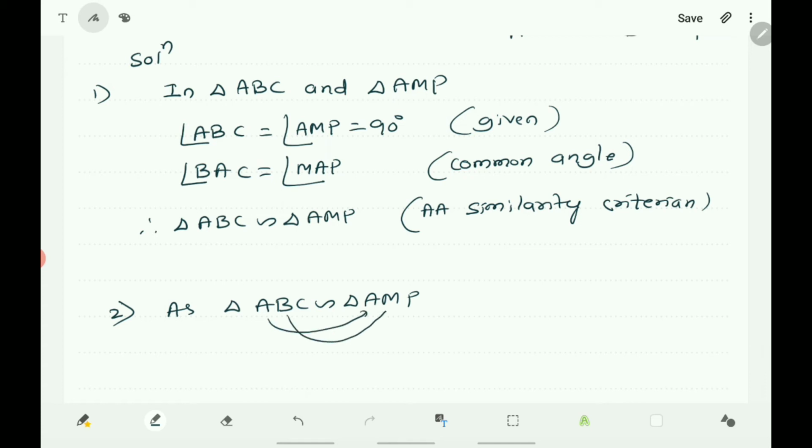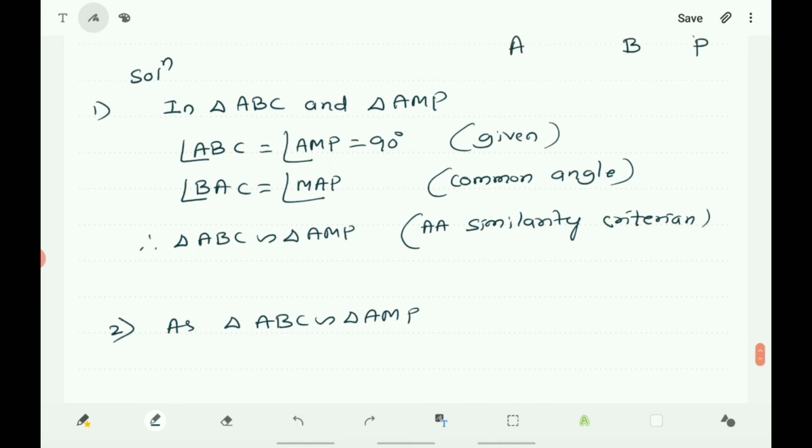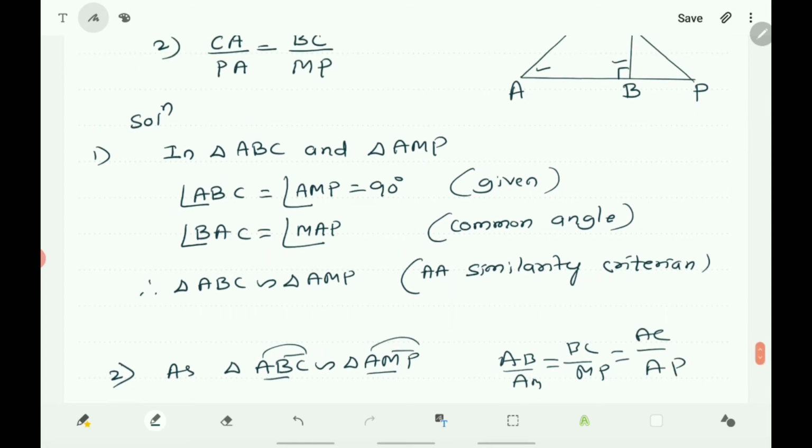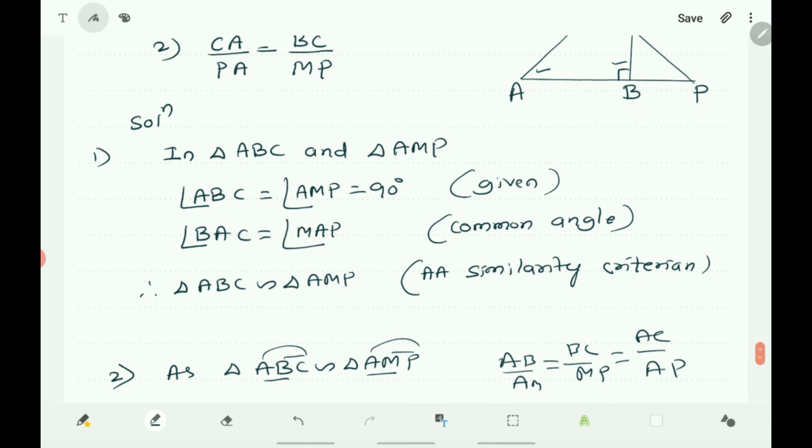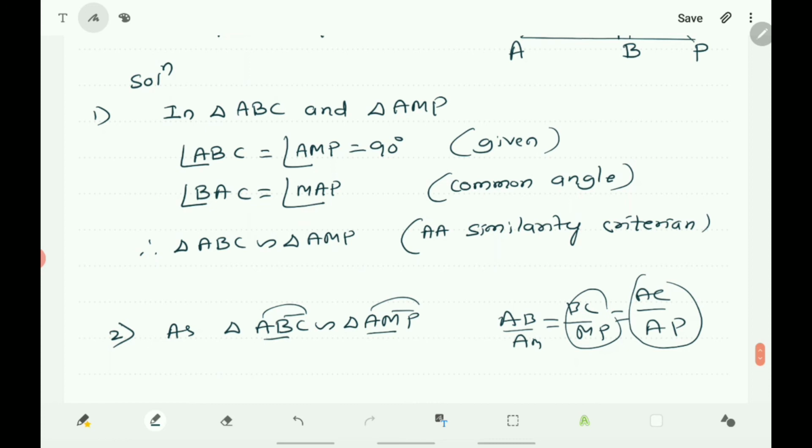Angle B and angle M are right angles, and naturally C becomes equal to P. Therefore, you can write the ratio AB by AM is equal to BC by MP is equal to AC by AP. Here the required ratio is CA by PA.